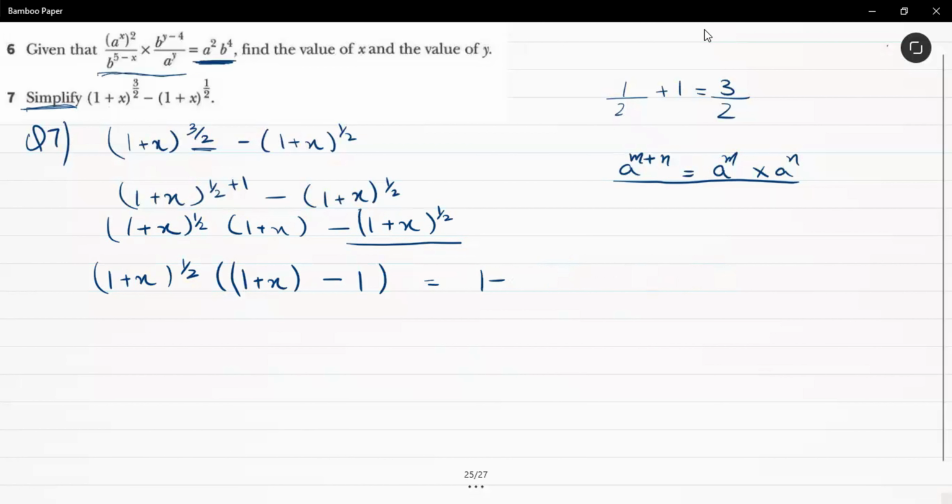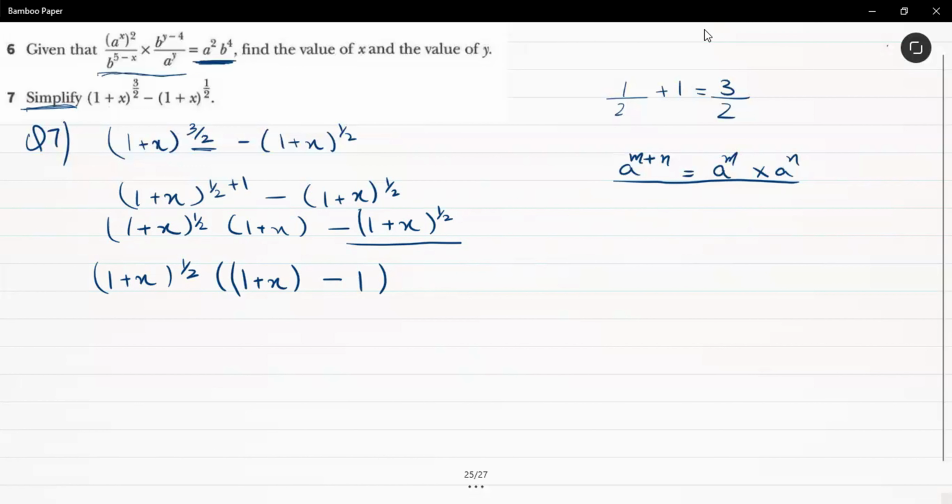The most important thing is to understand what the question is asking you. The examiner is not going to give you a straightforward question where you just have to solve it. You have to rearrange it so that it is easier for you to solve.